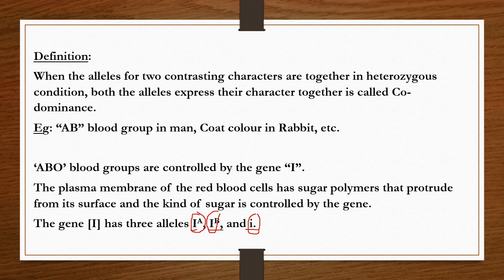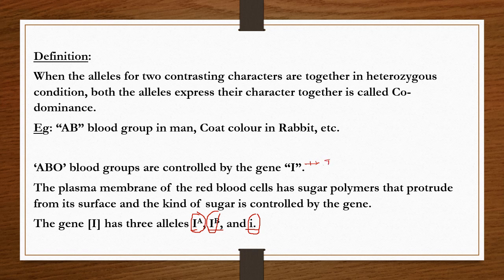What does it denote? The letter I denotes isoagglutinogens. We are saying that they are sugar polymers, that is iso.